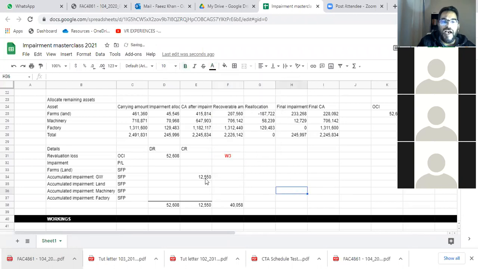Now the remaining would go to P&L. So now P&L would be that plus goodwill.